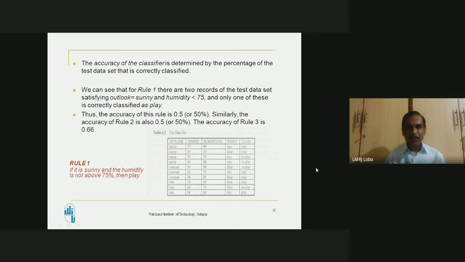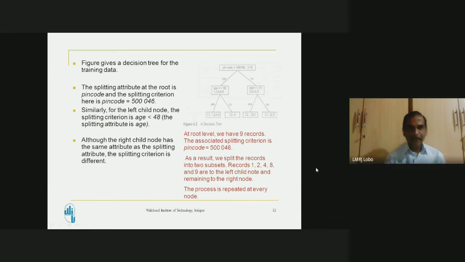And only one of these is correctly classified as going to play. Thus, the accuracy of the rule is 0.5. Similarly, the accuracy of rule 2 is also 0.5. The accuracy of rule 3 will be 0.66.